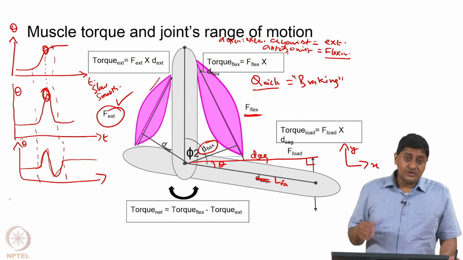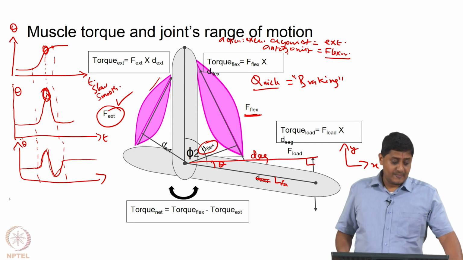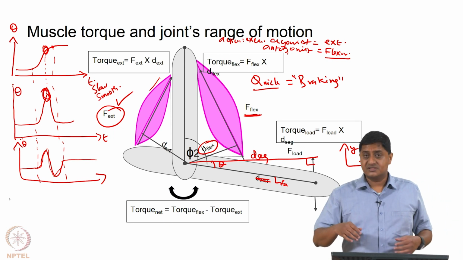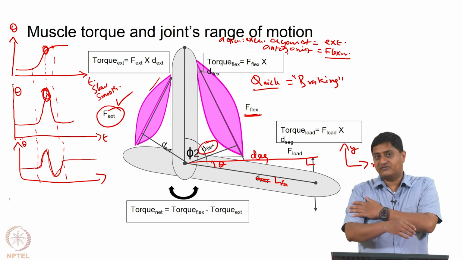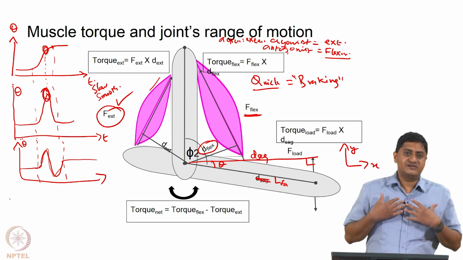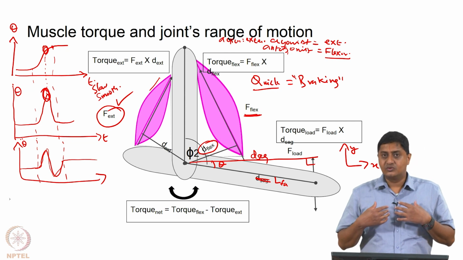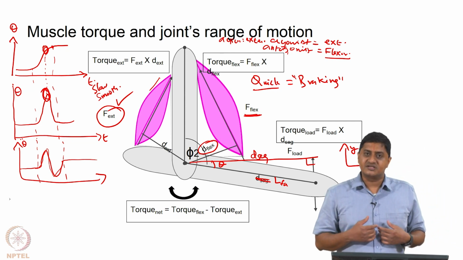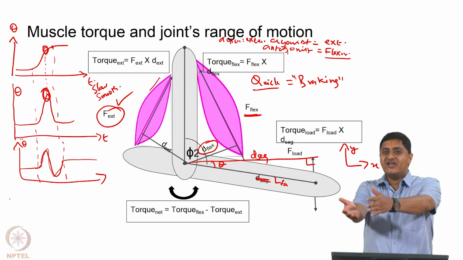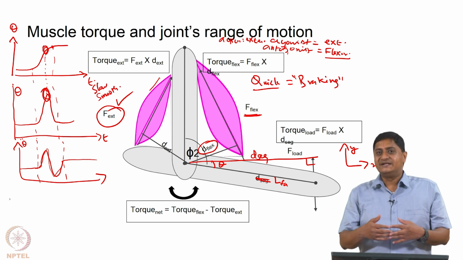Also, the other reason why you want to avoid unwanted movements is when I am moving say the proximal part of the body. So, usually the part of the body that is close to the center of the body is called proximal, those that are away from the center of the body are called distal, right.